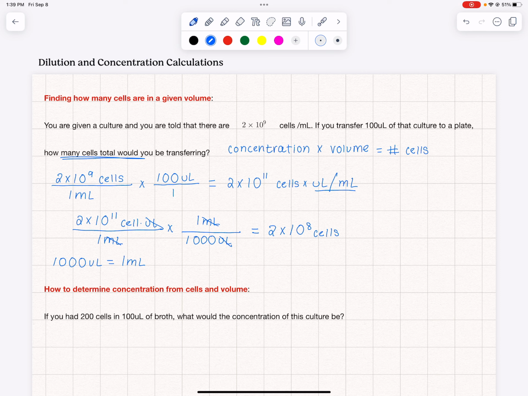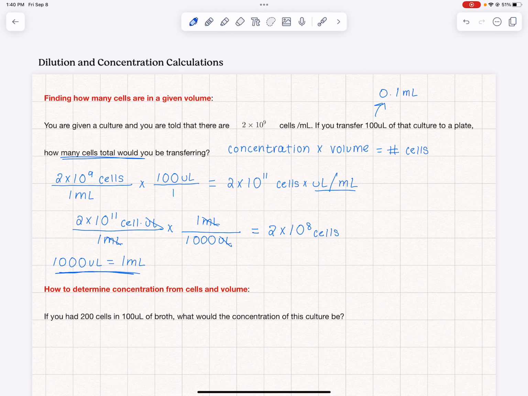Now, a way to skip past all of this dimensional analysis would be to immediately convert this 100 microliters that we were given to the units of interest. And so, another way to write 100 microliters is to say that that is 0.1 milliliters. And that's using this conversion that we have down here.